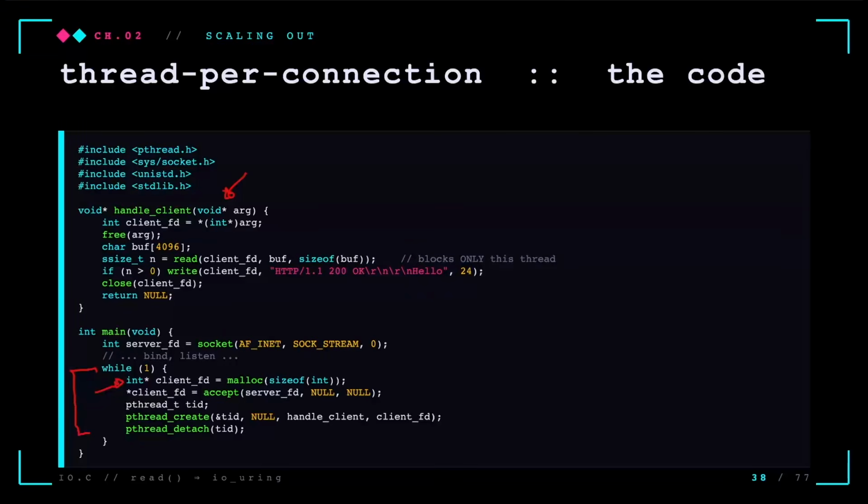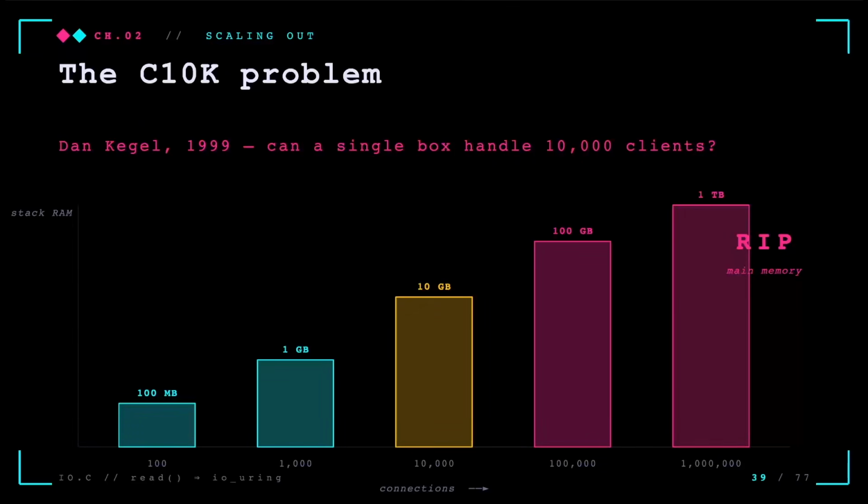So we have to malloc it, and then we're going to block at accept. Once accept passes, we have a connection. We're just going to create a new thread, handle client with a client file descriptor, and that's going to run a new thread, and our main thread is going back to the beginning and listens again. And this works. It's a perfectly valid solution, and has been working for quite a while.